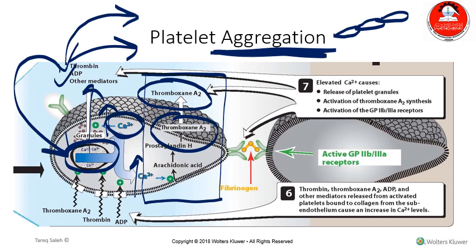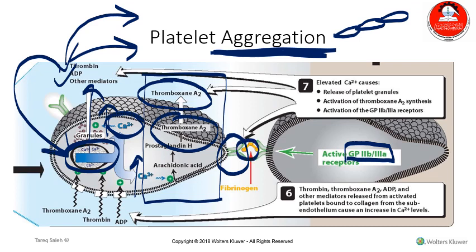And this usually happens by the activation of a specialized receptor found on the external surface of the platelet called glycoprotein IIb/IIIa. So this receptor is always expressed on the surface of the platelet, but in the resting state, it's inactive. When the platelet is activated, and that's usually due to increased levels of intracellular calcium, this receptor becomes activated, and this receptor binds the protein fibrinogen.